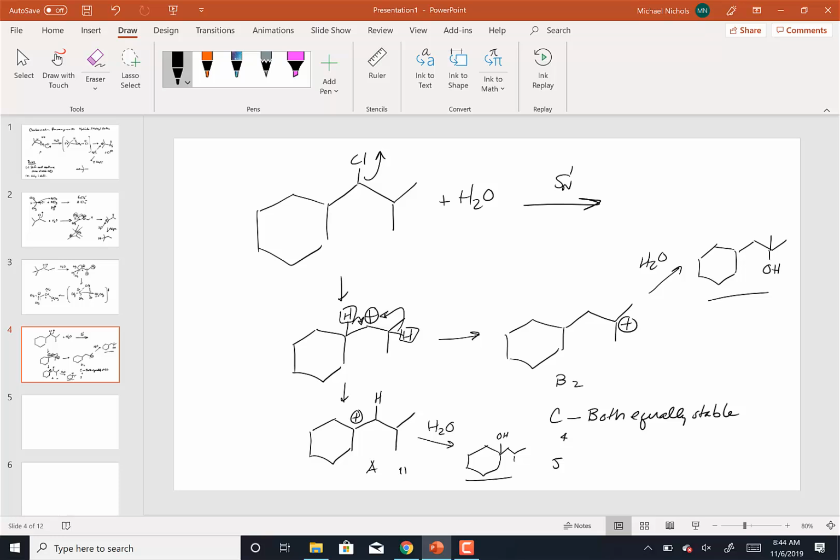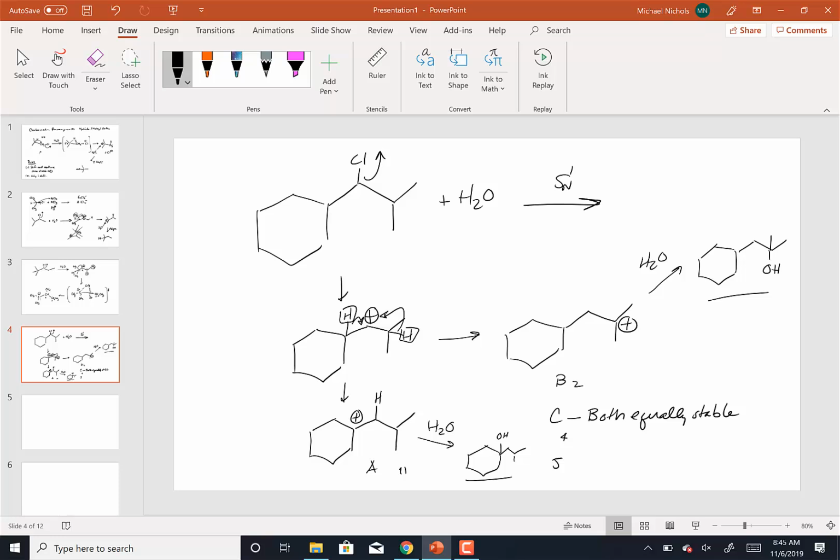Or I will give you a mechanism problem and I'll say, here's the reactant, here's the product. And in writing the mechanism, it's clear you have to rearrange something to get to that product. Okay? So that's the first rule. The second rule is that we always rearrange to form a more stable carbocation.